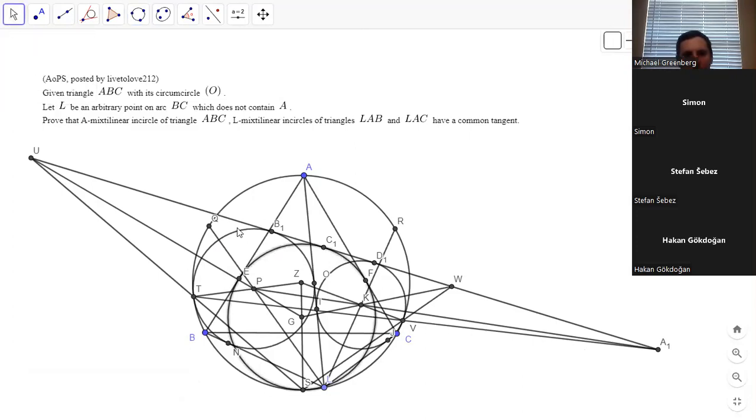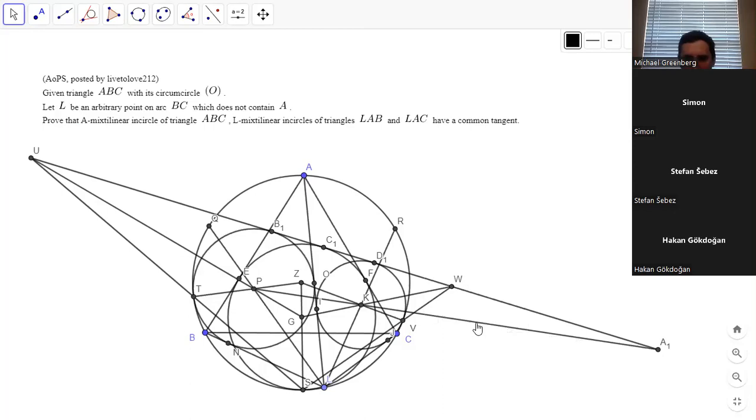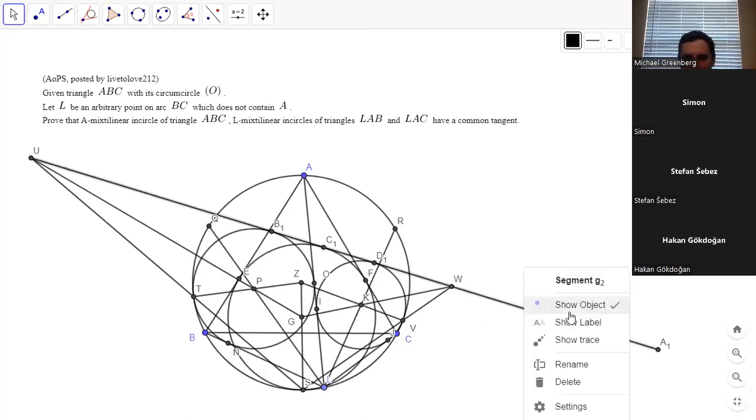Would that solve it? Yeah, since if let's say that it were tangent to that, then as for example, U is the exsimilicenter of these two. So we basically only need to handle that. I think it is a bit easier to handle like that. Yeah, we don't need A1. I agree.